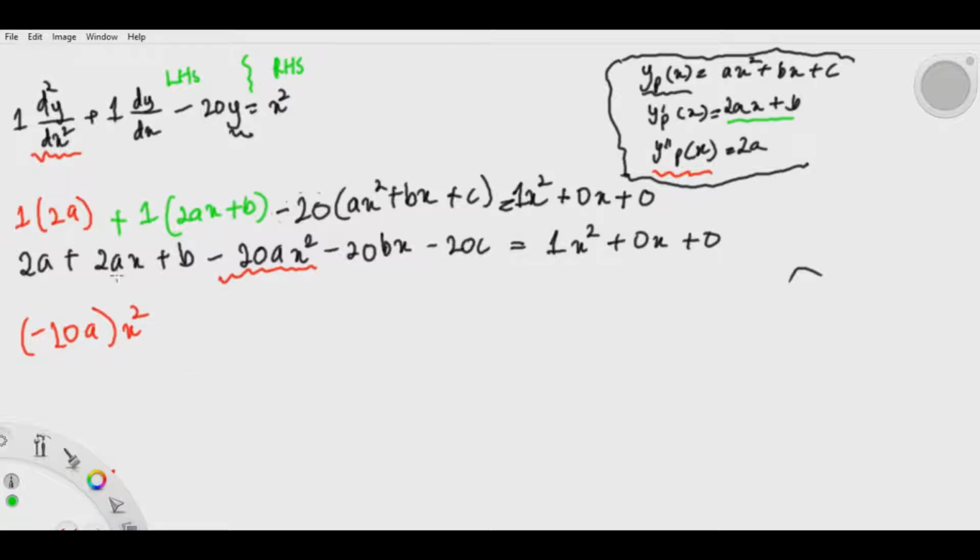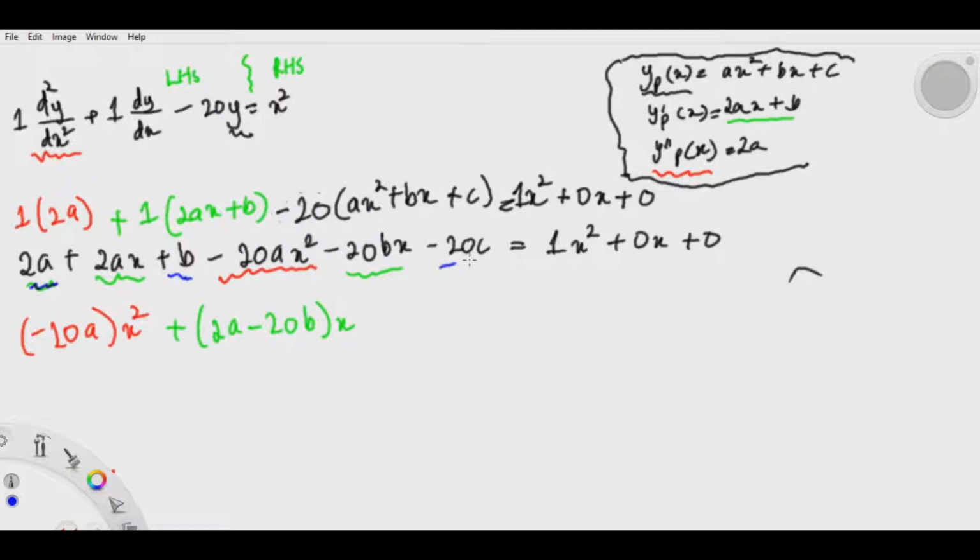You get two terms with x, 2ax and minus 20bx, so plus bracket 2a minus 20b x. And then everything else accounts for c, so that's 2a plus b minus 20c. Why did I come out green?